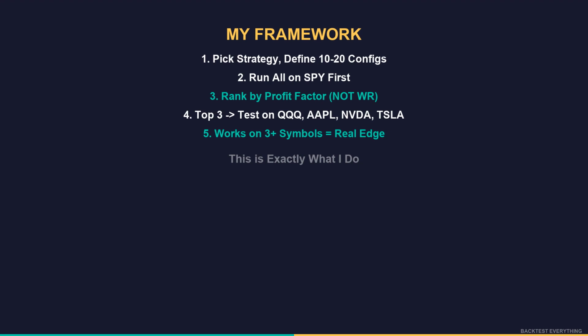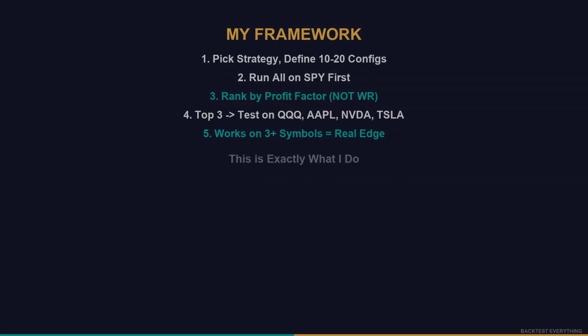Different stop losses, none, 100%, 200%. The winner, 10 delta, 30 DTE, 50% profit target, no stop loss, plus $18,186. It wasn't the setup most gurus teach, it was the setup the data supports.